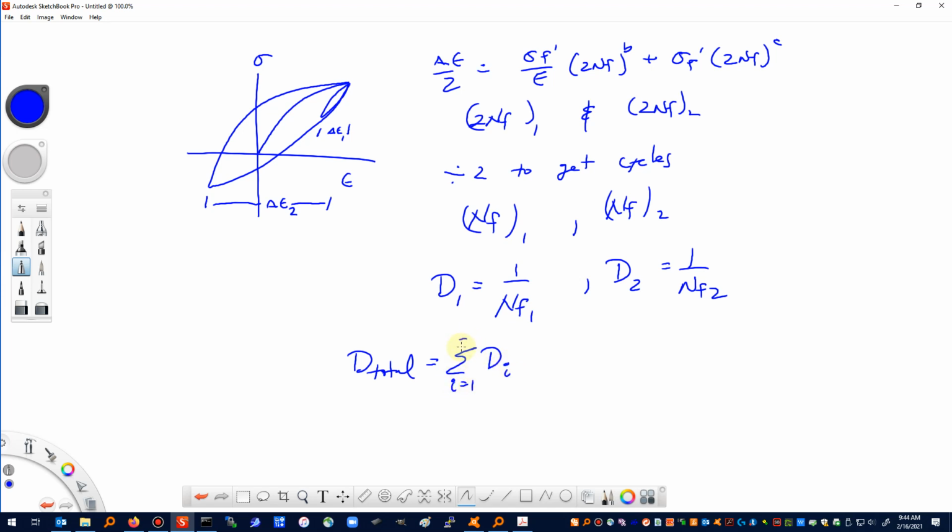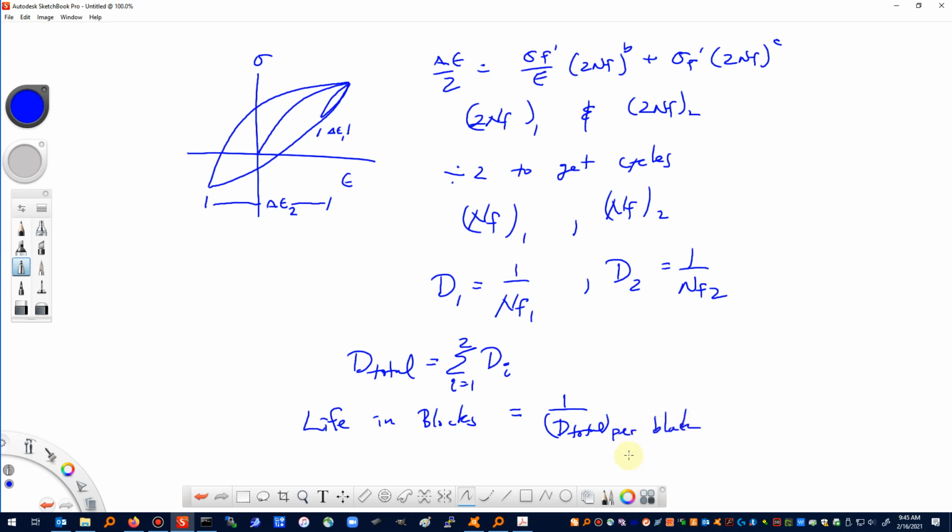In this case, there's 2 loops, so we would add those 2 damages together. You may have 1,000 loops, in which case you accumulate damage appropriately, come up with the total damage, and then you can come up with a life in blocks or repeats of that time history. It would be 1 over the total damage per block.